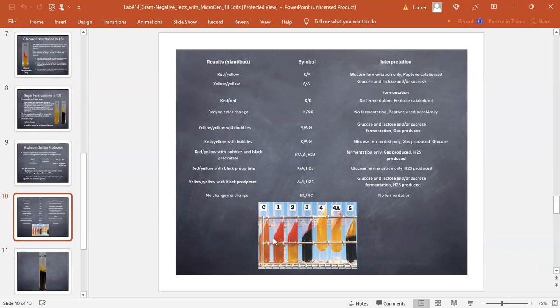Now compare. We said that the butt portion right here had no change, right? And in the slant, we have the alkaline environment right here. So if I were to ask you what sugars this ferments, what would you say? For number one, not the control on the far left.